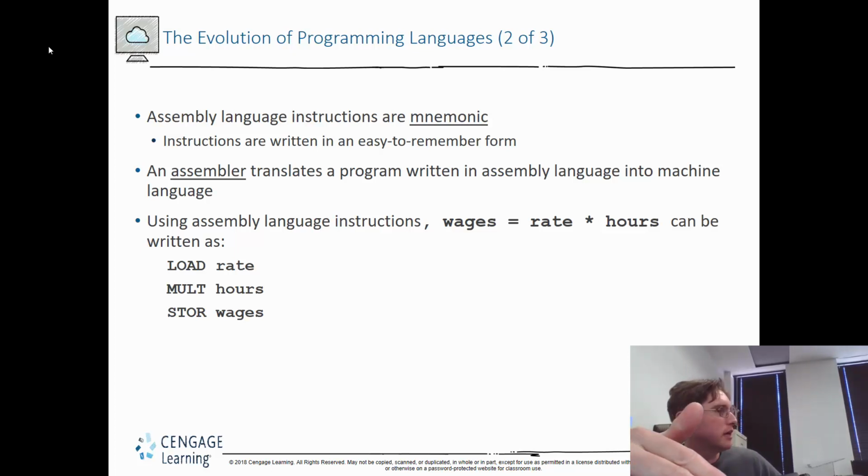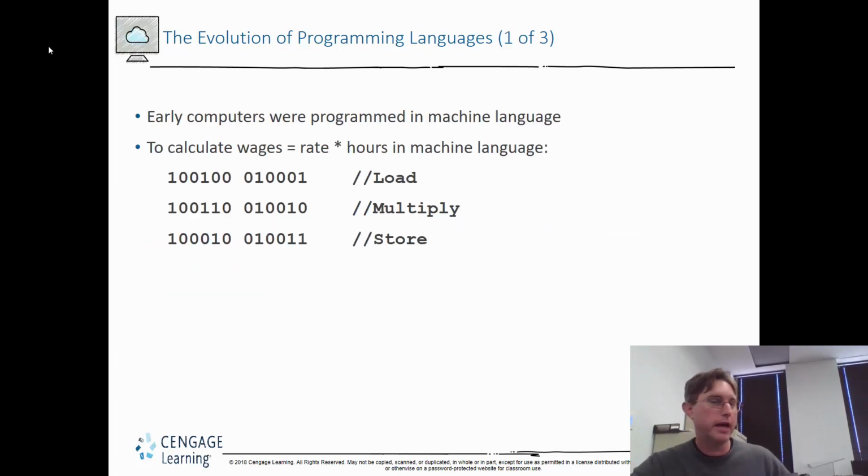For every one machine language instruction, there's one assembly language instruction. So it's still really low-level stuff. It takes several instructions to do basically anything in assembly language. But you have to have this thing called an assembler that will translate that assembly language code into the machine code, and that's what gets executed by the processor, right?